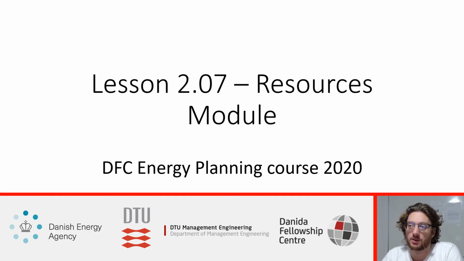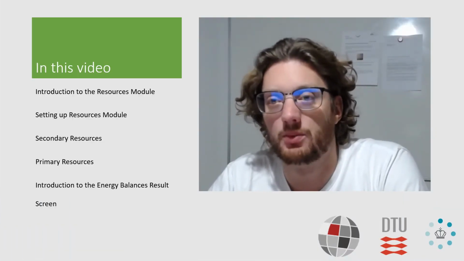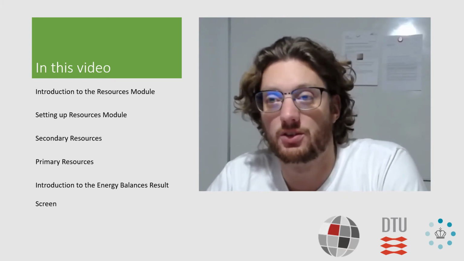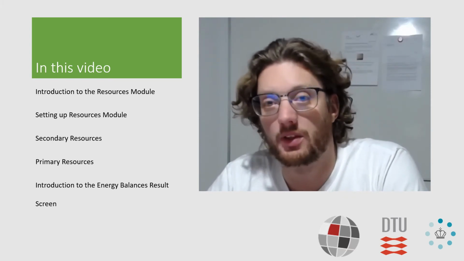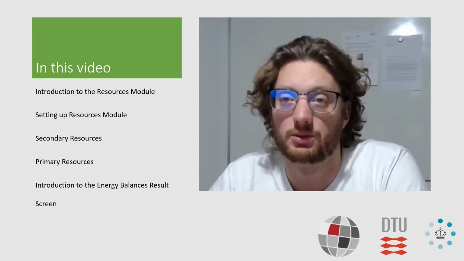And now we're going to talk about the last main part of the LEAP branches and LEAP system, which is the resources module. In this video I am going to introduce you to the resources module, what that covers, what it means. I am going to show you how to set up the resources module.